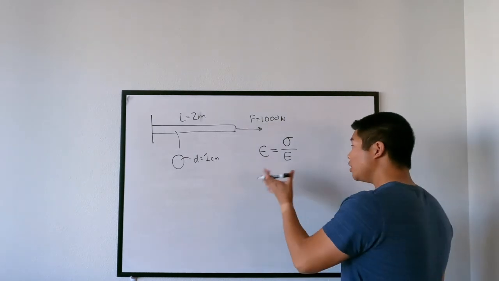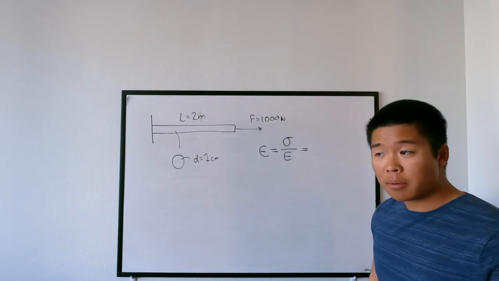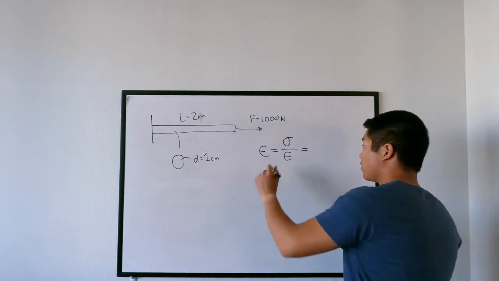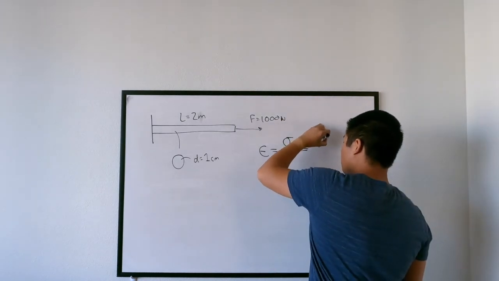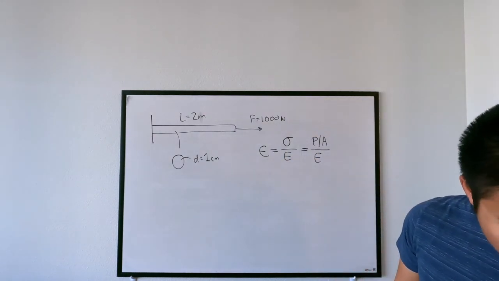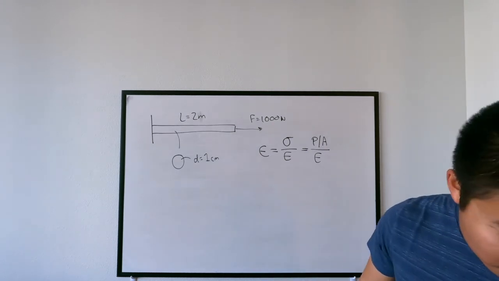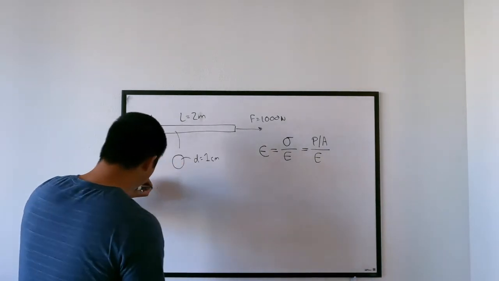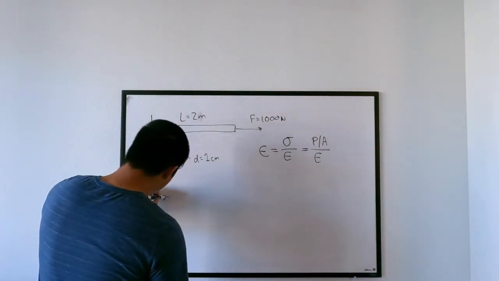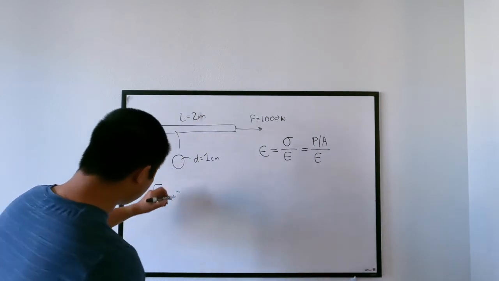Do we know sigma? We don't know the value of sigma, but I do know that sigma is equal to P over A. I noted underneath that the material is steel, so the Young's modulus of steel is equal to 200 gigapascals.